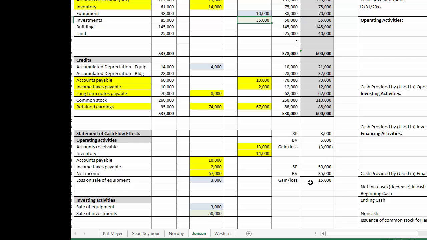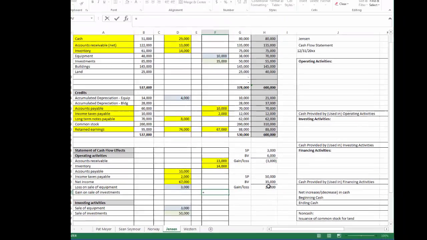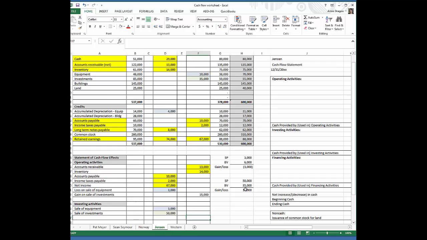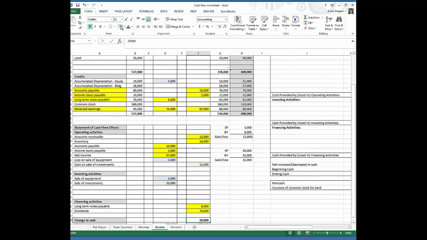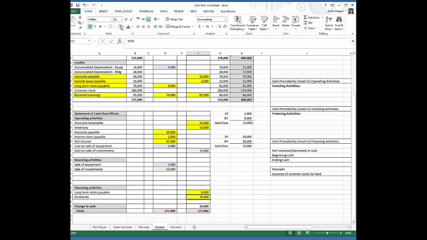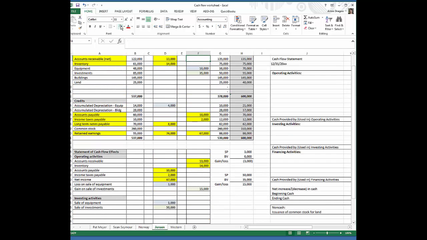And then I'll account for the gain in the operating section, so gain on sale of investments. The gain will be a subtraction because it inflated the net income and we need to back it out. And I double checked I'm still in balance. So there are the 3 parts for that particular entry.